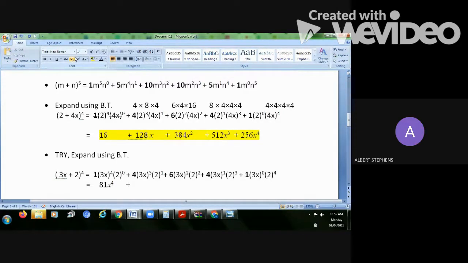I get 216 by first saying 4 times 3 times 3. Hold on, sir. Right here we get 81x^4. Oh, that was supposed to be 3x to the fourth power.